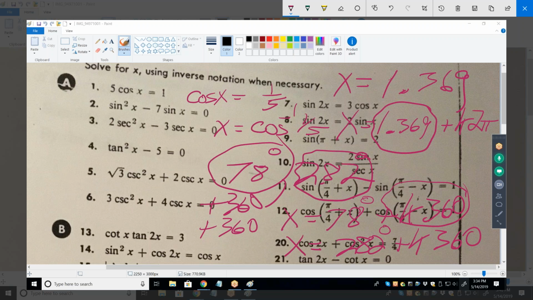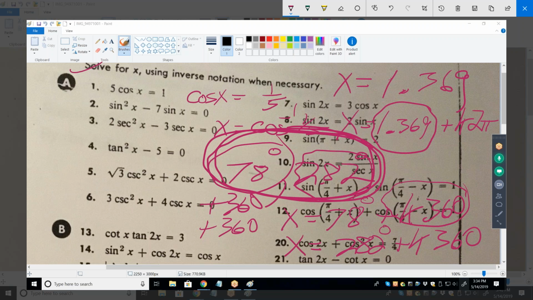And if they don't restrict the domain, a lot of these problems, they'll restrict the domain from 0 to 2 pi. So you would get away with only giving those two answers. But this one doesn't say that, unless it says it above where I'm able to see.